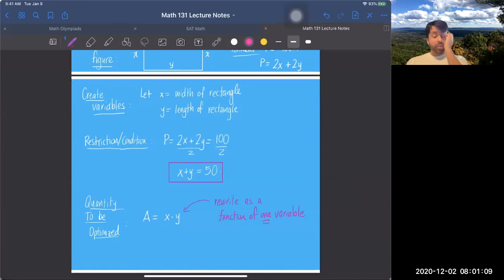I have two variables. I only want one variable. Now, how do I do that? Well, I use my restriction, to solve for one variable in terms of another.